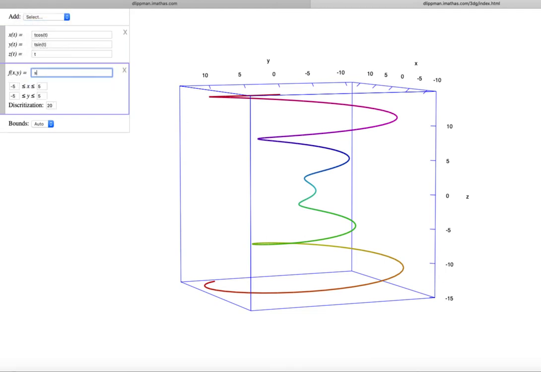So here we go, the square root of x squared plus y squared. And obviously that's just a small part of the cone. I kind of want to match what I have going on up here. So my x's and y's look like a little past negative 10 to 10. So I'm going to go negative 15 to 15.